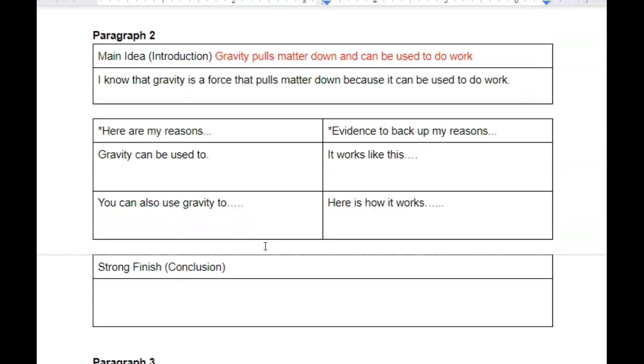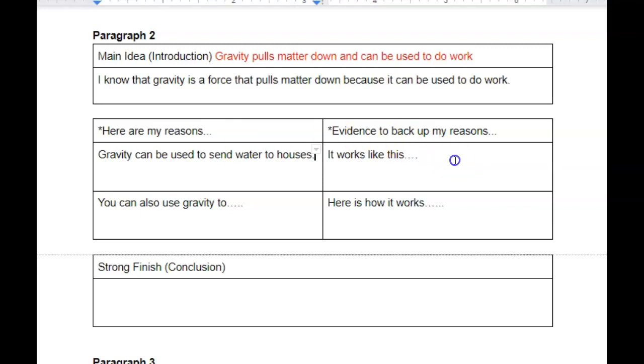So paragraph 2 is talking about how gravity pulls matter down and can be used to do work. So introduction. I know that gravity is a force that pulls matter down because it can be used to do work. So here's some reasons, and I need to back those reasons up with some evidence. So what can gravity be used to do? Gravity can be used to, how about send water to houses?